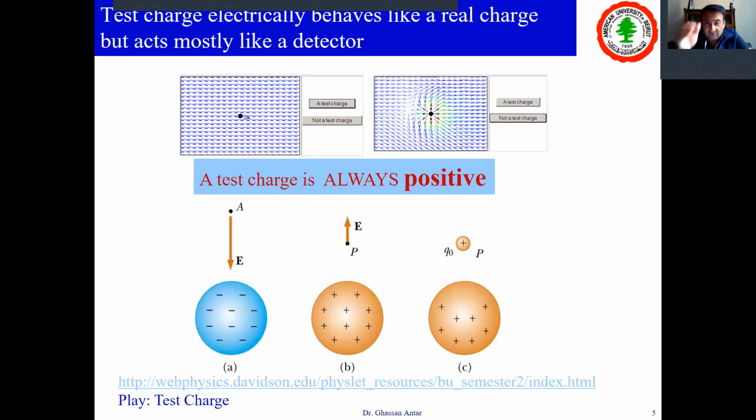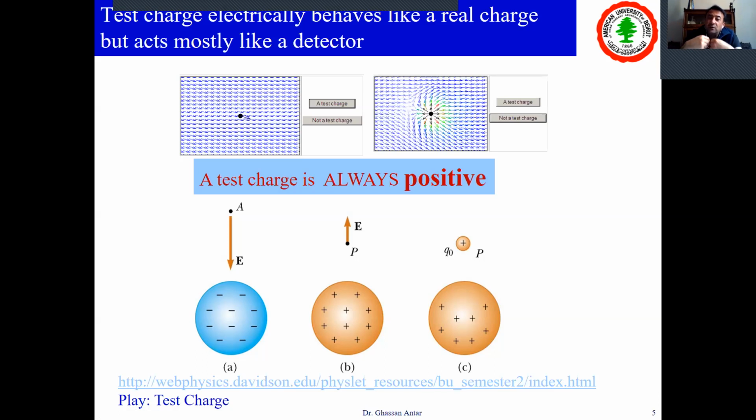To give you an idea of what happens, take the left-hand figure and the right-hand figure. What you see in blue are arrows indicating the electric field. Now, if I put a real charge in this electric field, the real charge has its own electric field, and consequently it will modify the ambient electric field.